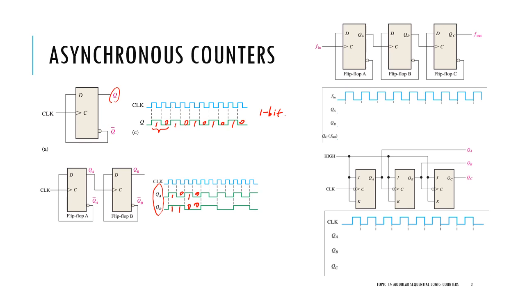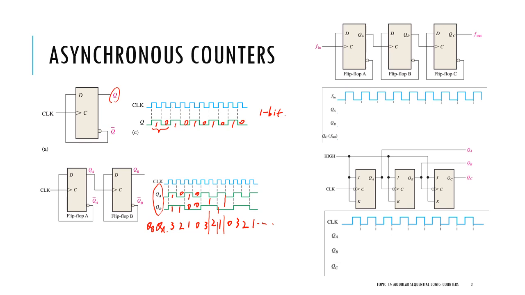So if we use QB as the MSB and QA as the LSB, and we write those numbers in decimal, you will find it's 3, 2, 1, 0, 3, 2, 1, 0, 3, 2, 1, and so on.